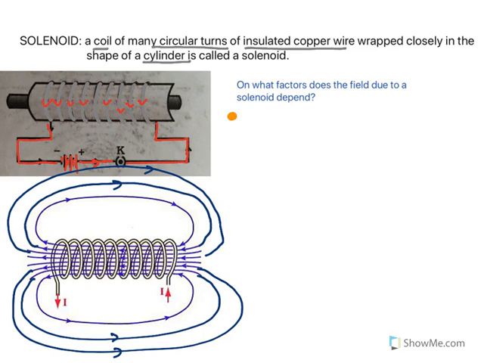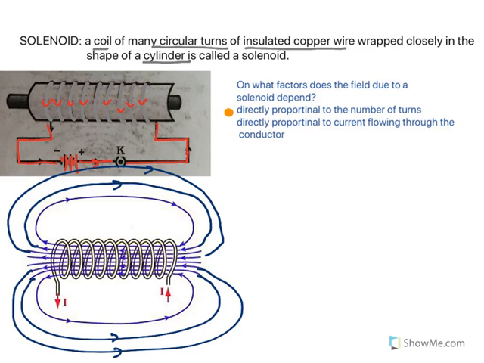Let's learn the factors on which the field due to a solenoid depends. The first factor is that it is directly proportional to the number of turns. The larger the number of turns, the stronger is the field. Next, it's directly proportional to the current flowing through the solenoid, which means the more the current, the stronger is the field.